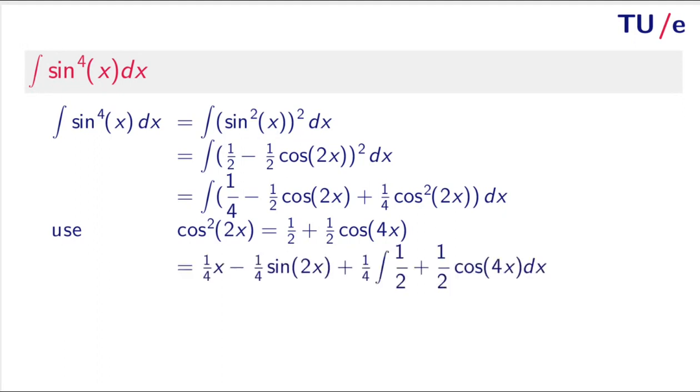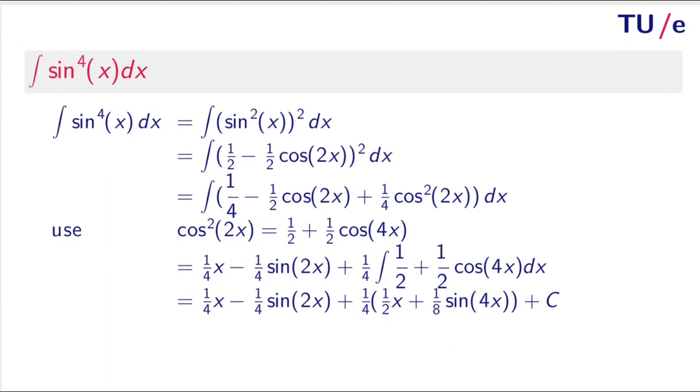And then we find that there is an antiderivative of 1/4, which is 1/4 x, an antiderivative of minus a half cosine 2x, which is minus 1/4 sine of 2x, and the cosine squared we rewrite as 1/4 times the integral of a half plus a half cosine of 4x dx. But now again, this integral can be easily computed as we can find some antiderivative.